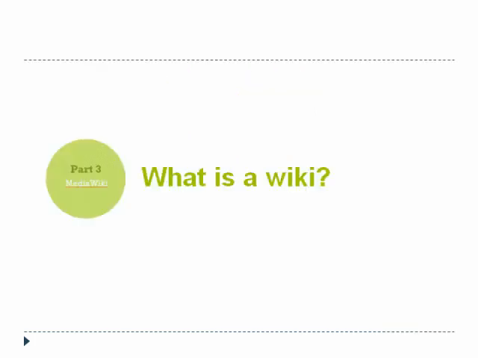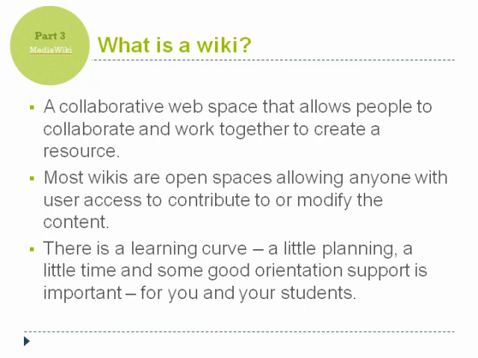So we'll just start with an overview. What is a wiki? A wiki is a collaborative web space that allows people to collaborate and work together to create a resource or participate in a course, discussion, solve problems, etc. Most wikis are open spaces, allowing anyone with user access to contribute to or modify the content. And UBC Wiki is as well.